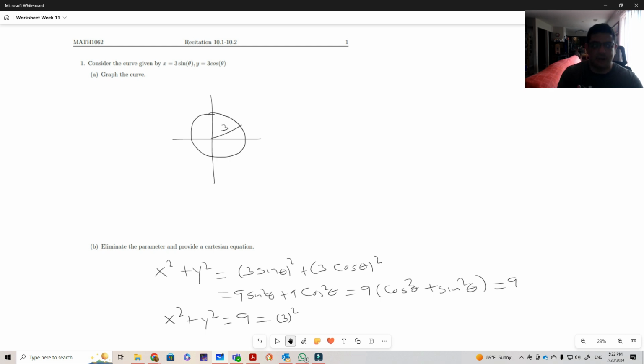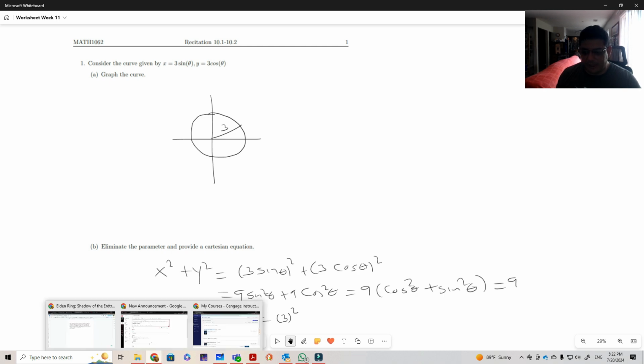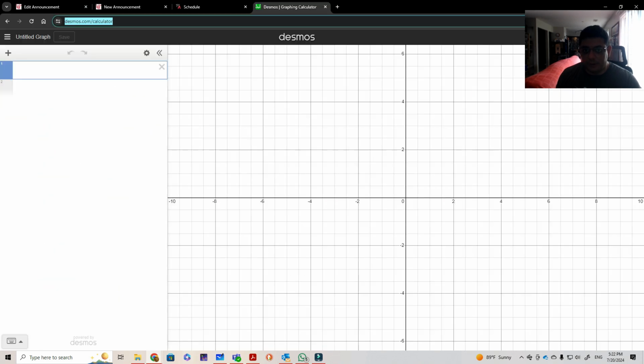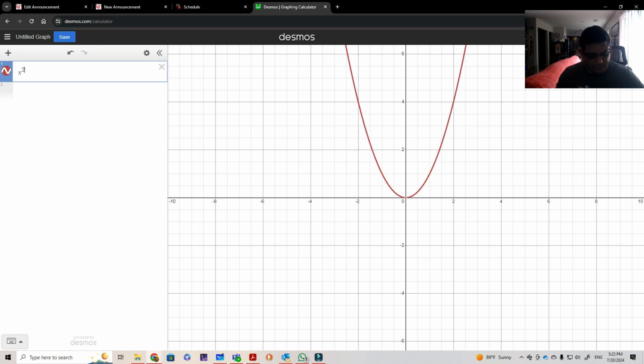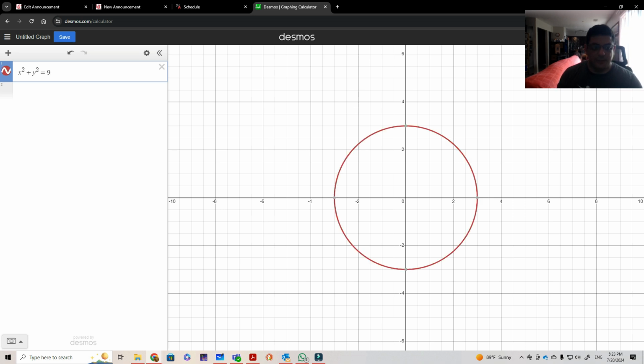Okay, my graph is not the best here, so let's take a look using Desmos. If we use Desmos, x squared plus y squared equals 9 is going to give me precisely that circle of radius 3.